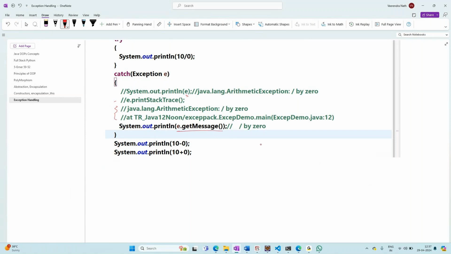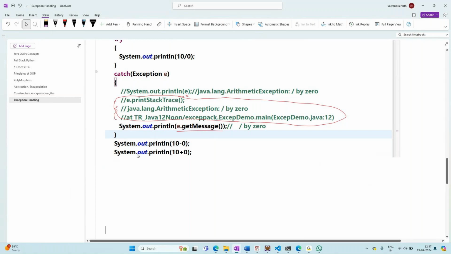Anyway you can use any, but as per the industry standards, you are going to take up this.